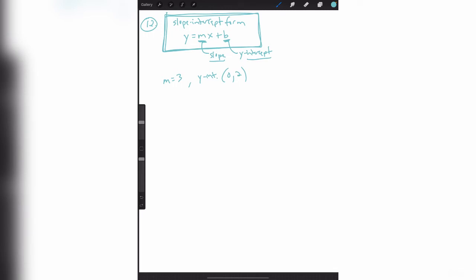So if we're writing our equation y equals mx plus b, remember m is right there, so y is equal to 3 times x plus, what's the y-intercept? Well, the y-intercept is 2. Because remember, this is my x value and this is my y. So my y-intercept, in this case, is 2.